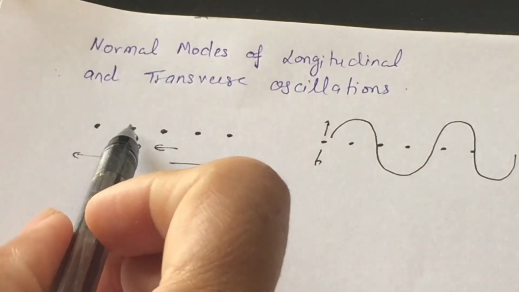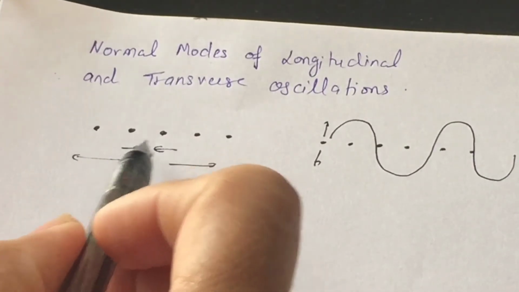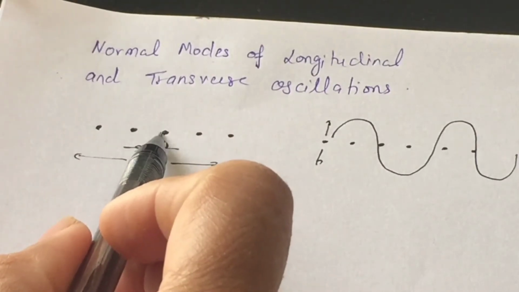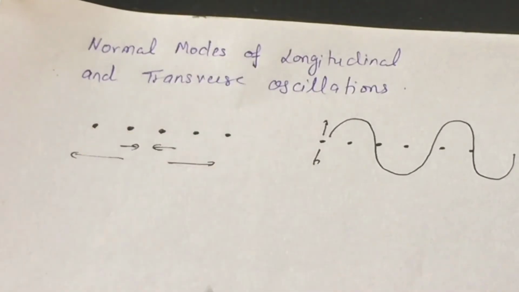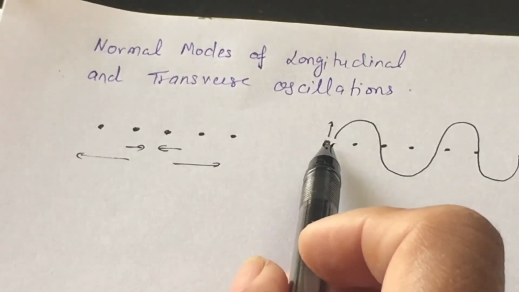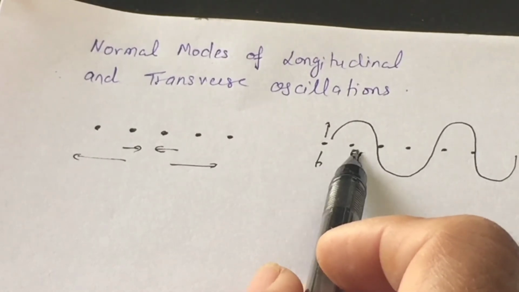If the distance between the particles decreases and increases compared to their normal distance, then this is longitudinal oscillation. In the case of transverse oscillation, the normal distance between the particles does not change.